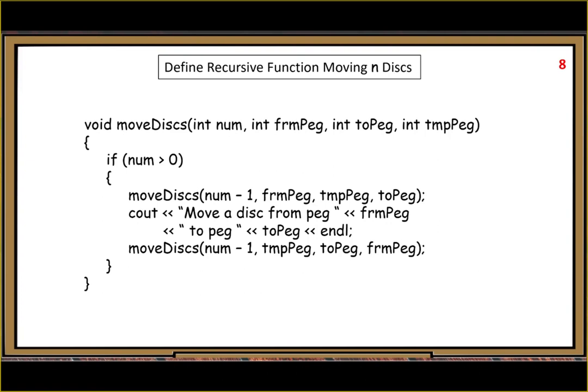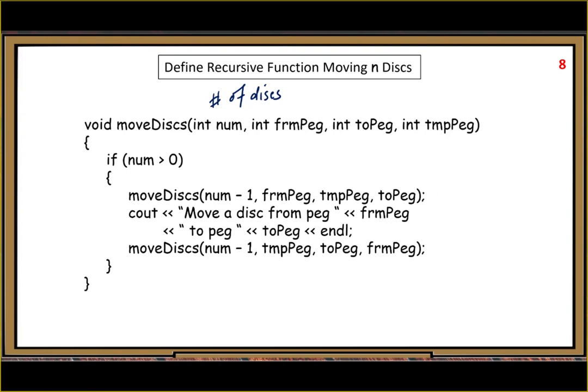The first parameter is the number of disks. The second parameter is from peg, the starting one. The third parameter is to peg, the destination one, and then the temporary one.